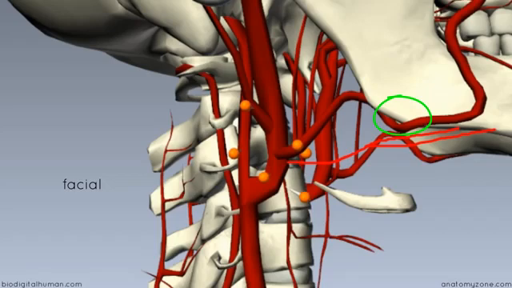And where it comes over the edge of the mandible here, you can palpate it, so you can feel your pulse. If you put your finger near to the angle of the mandible, you can feel the pulsation of the facial artery.